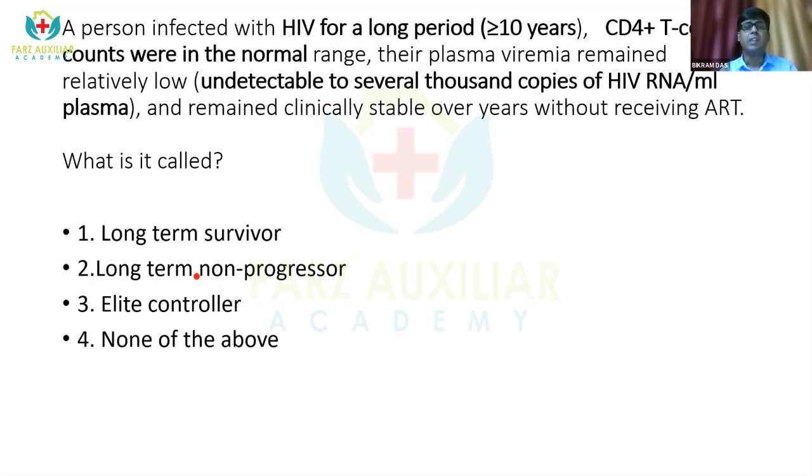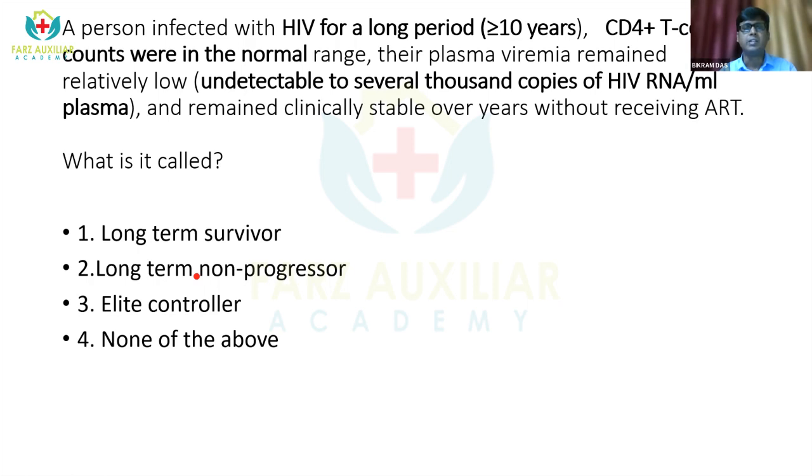Is it a long-term survivor, or a long-term non-progressor, or an elite controller, or none of the above? What do you think? More than 10 years of HIV with normal CD4 and undetectable viral load, maximum several thousand copies. So what are they called?